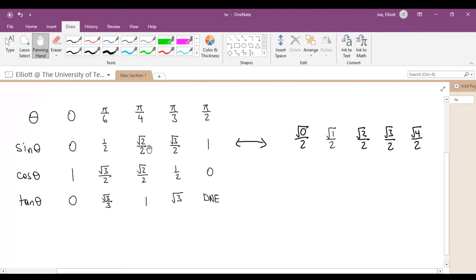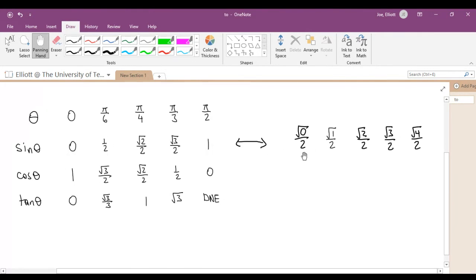So these values of sine listed in the table have this pattern where it's square root of 0 over 2, square root of 1 over 2, square root of 2 over 2, square root of 3 over 2, and then square root of 4 over 2, okay? We've just simplified some of them and written them more simply in the table.